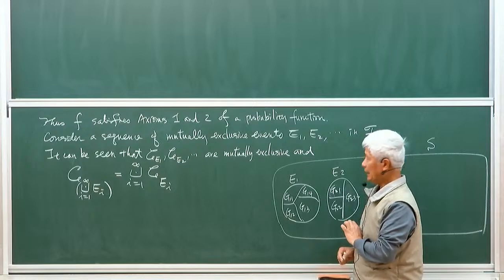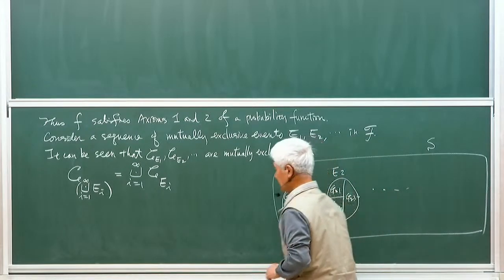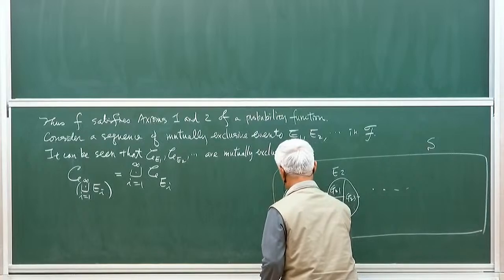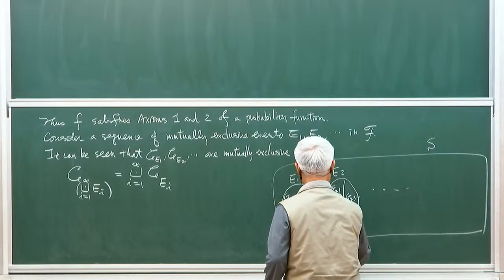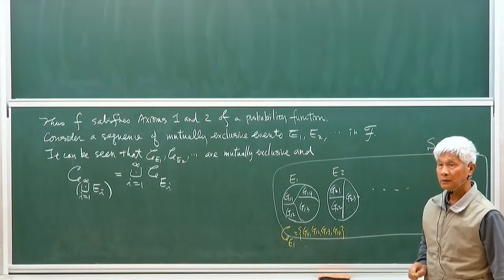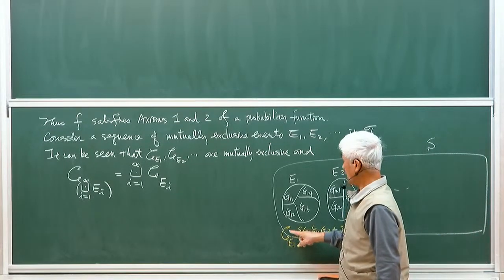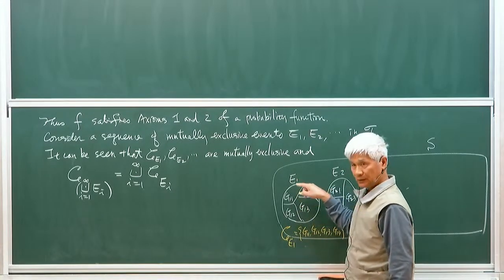So for this specific case, C_{E1} is just G11, G12, G13, and G14. This is the collection of all atomic events inside E1.